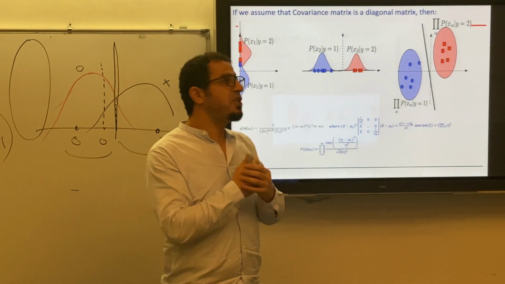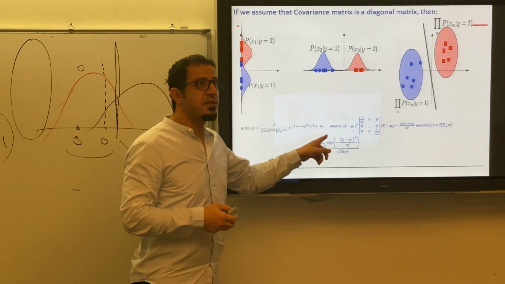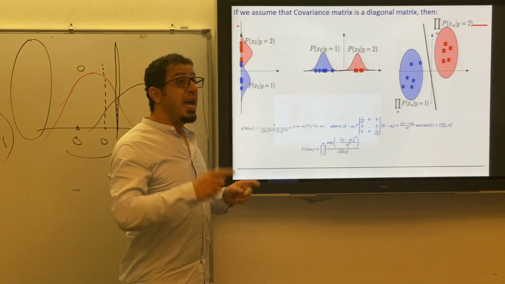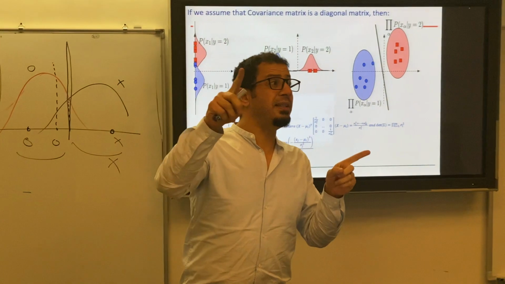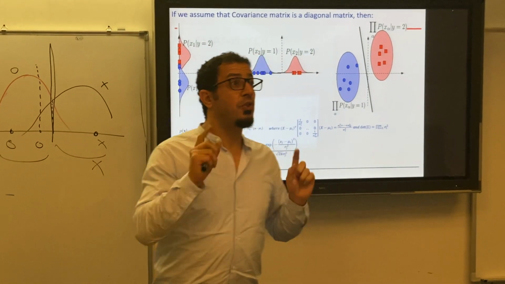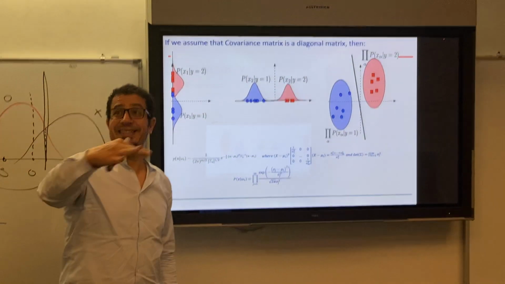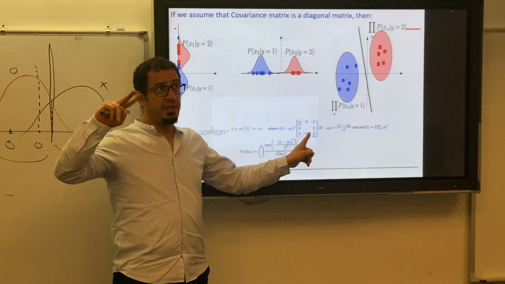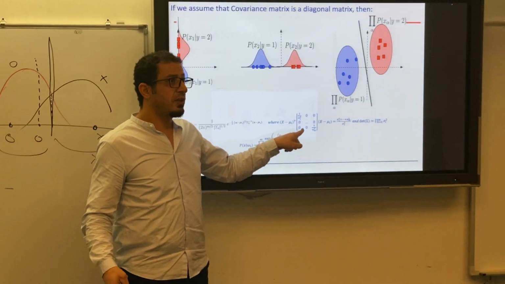Why do we do this? Look at the equations. This is the PDF, the Gaussian distribution. If we suppose they are independent, what does it mean? The covariance matrix is diagonal. How to find the inverse? It is 1 over the variance.